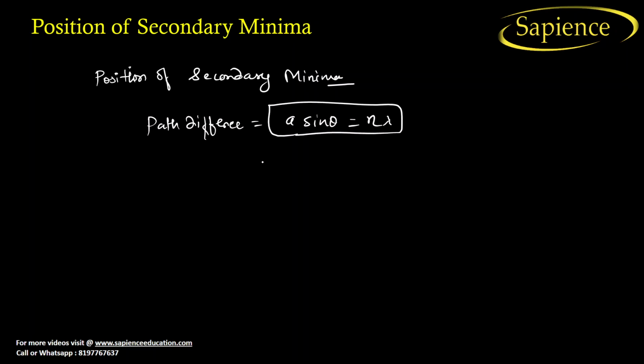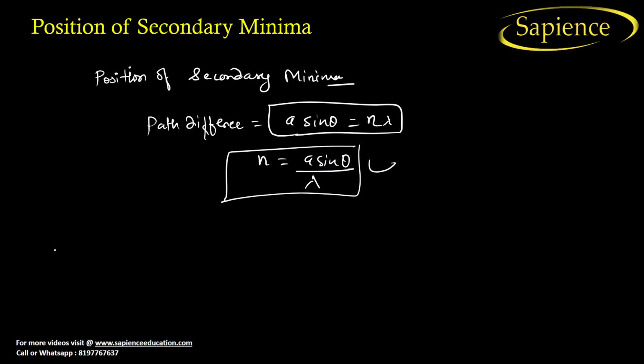So from this equation we can find n is equal to a sin theta by lambda, or we can also find any one. Okay, I hope you have understood this.